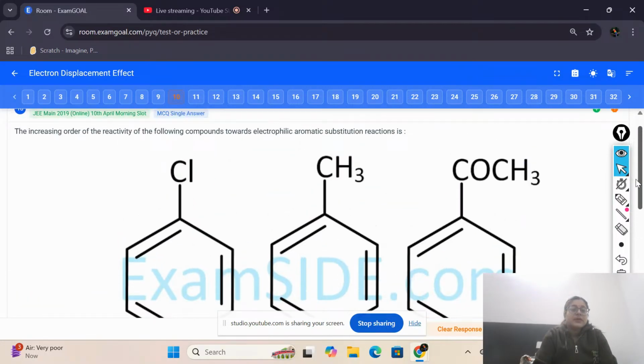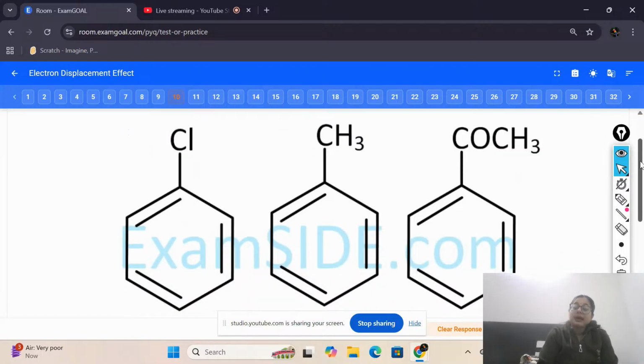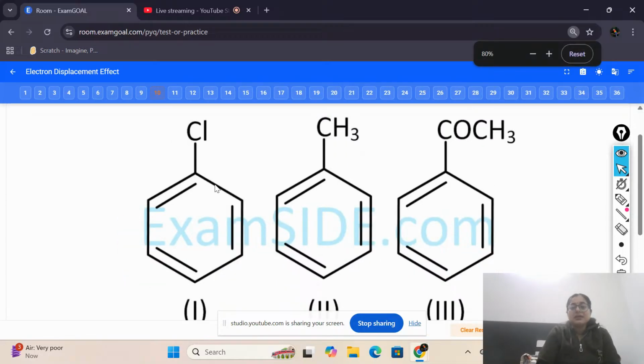Among these, the increasing order of the reactivity of the following compounds towards electrophilic aromatic substitution. Again, in electrophilic substitution reaction, where the substitution in the benzene increases the electron density, that will be the higher priority. Among these, the methyl group is showing plus I effect, so electron density increases.